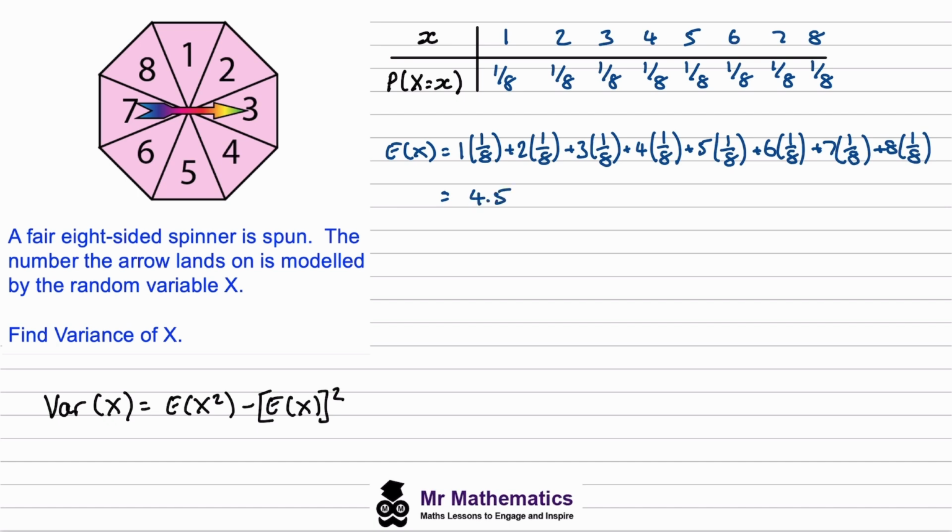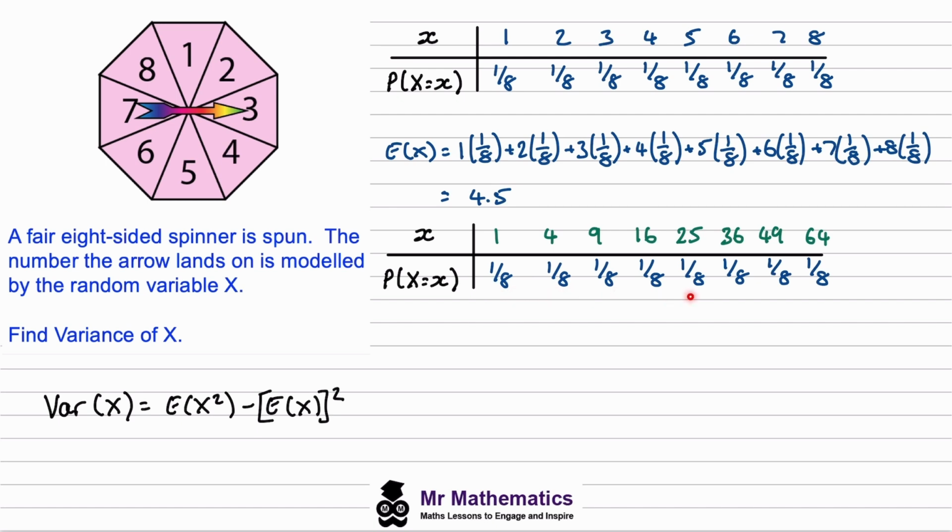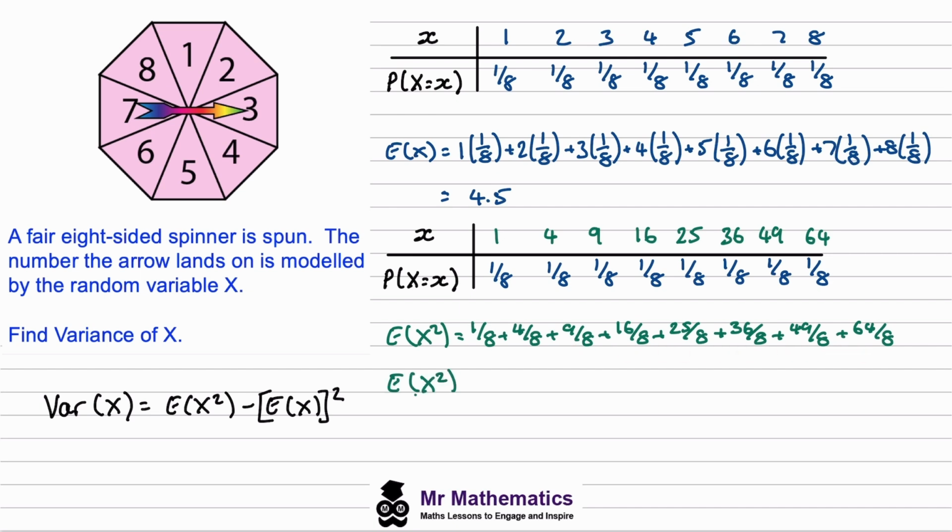So now we need to work out the expected value of x squared. So all we need to do is to square each of these values, and the probabilities remain the same. So now to find the expected value of x squared, again we'll multiply each of these together, and we'll add the total together. So when we add all of these together, we get the expected value of x squared as 204/8.